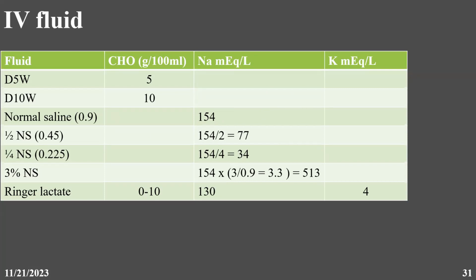And 39 divided by 4. So you need 9.5 ml every 6 hours to get 6 millimole of sodium chloride if you want to use the normal saline. Do you understand? Yes. Okay, so that's how we calculate.